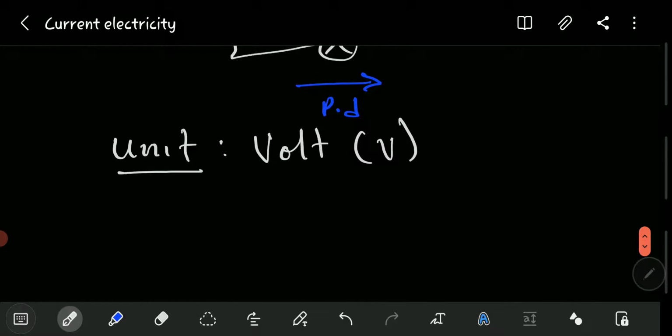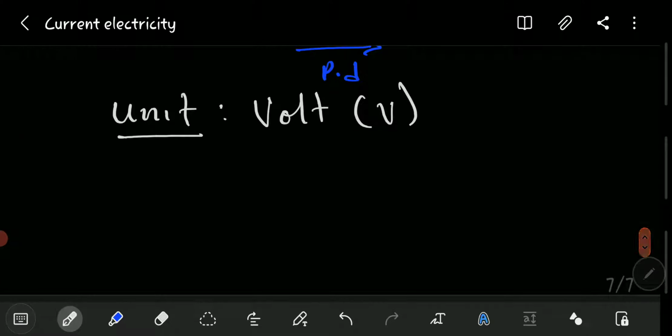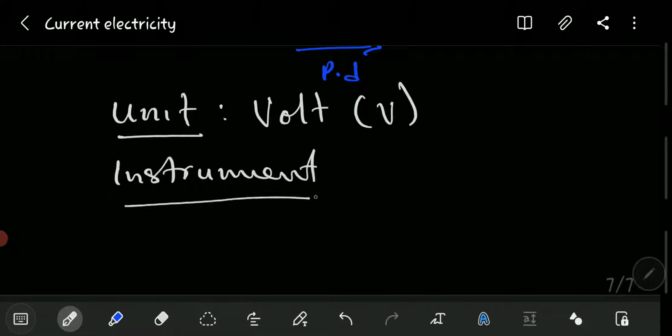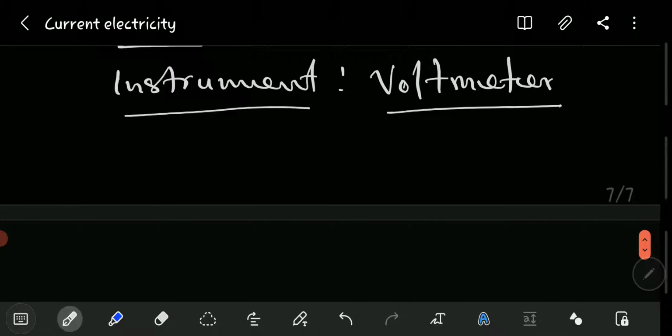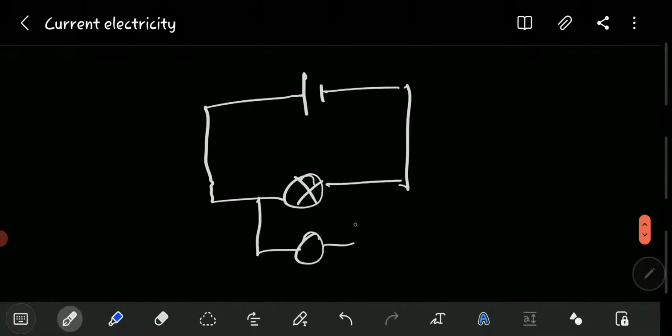But how do we measure the EMF? The instrument is also a voltmeter. However, the way the voltmeter is connected, it is not across the circuit component, but across the source. If we have a cell, this is the source of electric current. In our previous case, the voltmeter was connected there.